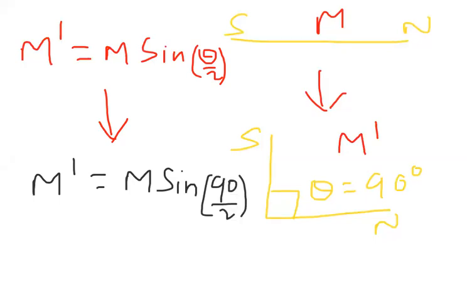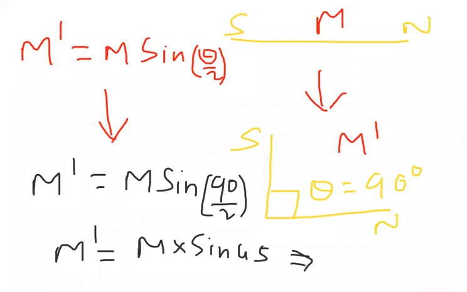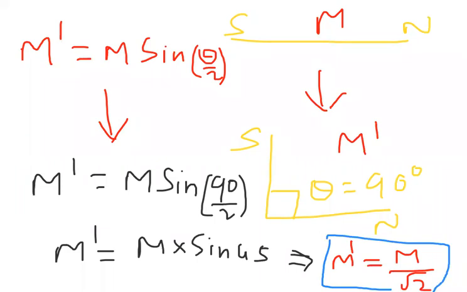So m dash is equal to M into sine 90 by 2, sine 45, which is 1 by root 2. So finally m dash is equal to M by root 2. This is the formula when we bend at midpoint, at right angles to each other.